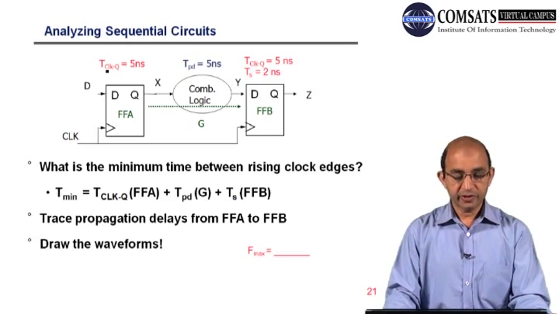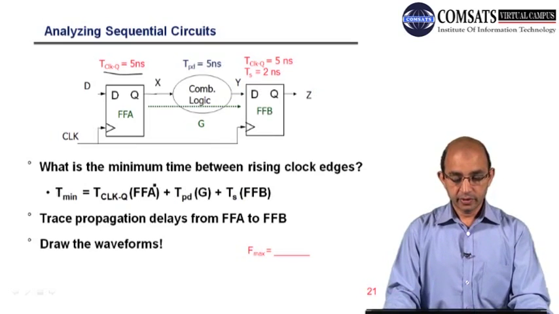We have mentioned different values over here. This is TCLQ, so you can say this is the propagation delay for this flip-flop. And here we have two values, TCLQ 5 nanoseconds and TS, which is the setup time for this flip-flop FFB.